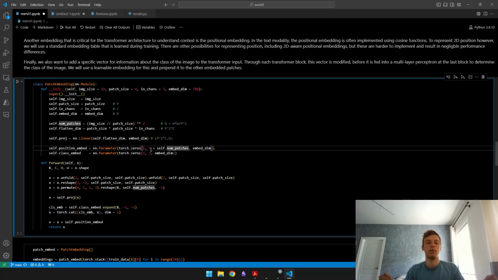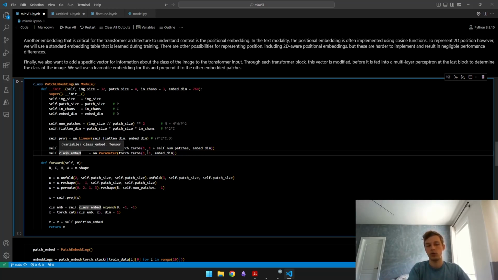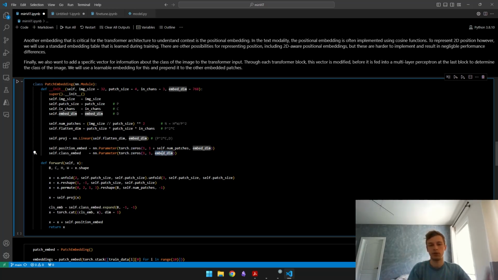So it's for all the inputs, which we have the patch inputs, plus we have the class embedding input. So we want to include that. And of course, this is of size embedding dimension. And then we have the class embedding, which is a single vector of embedding dimension size.